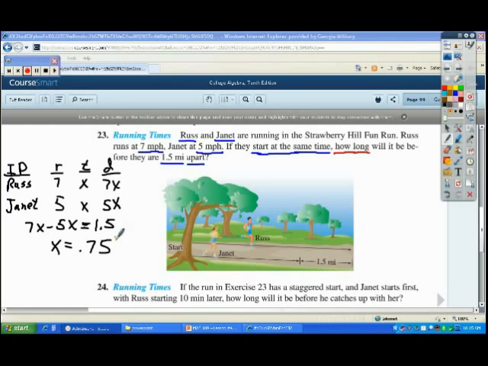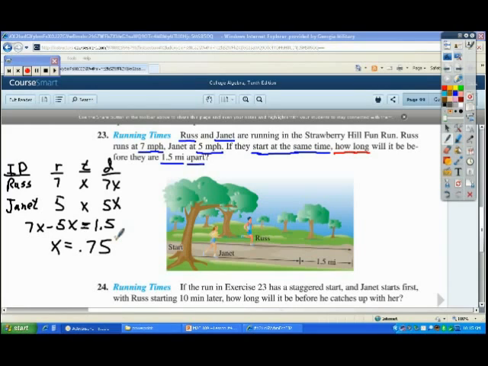0.75 what? Days? This is some kind of time unit, isn't it? What units does this have on it the way we built this? This is speed, right? What units does it have?